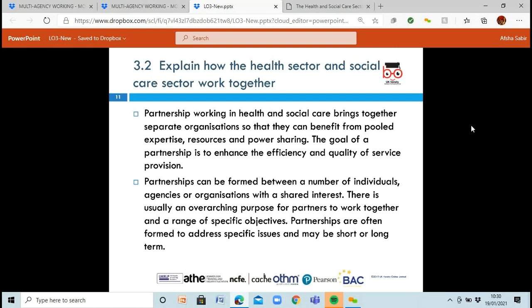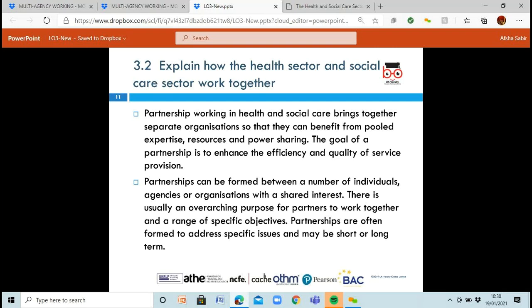So in 3.2, we're going to explain how the health and social care sector work together. On the following slides, we'll look at aspects of partnership working again, which we've been looking at throughout this session.